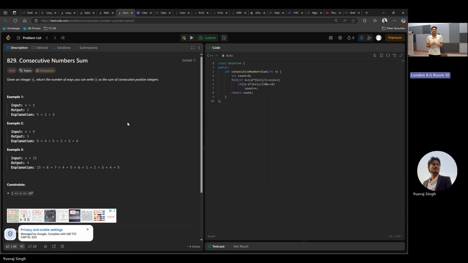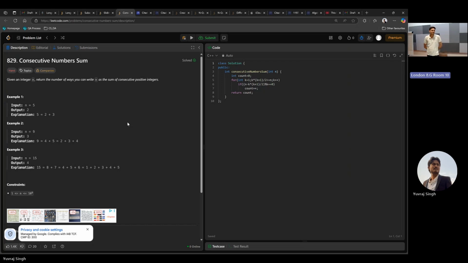There are three examples given. In the first example, the input value 5 is given, and we have to find the number of ways it can be written as a sum of consecutive values. 5 is equal to 2 plus 3 and 5 as well, so the output is 2.